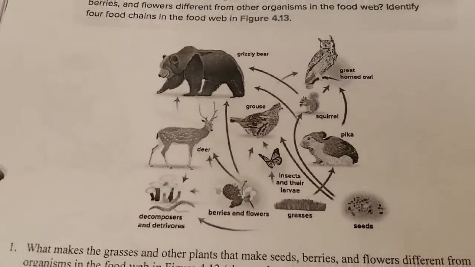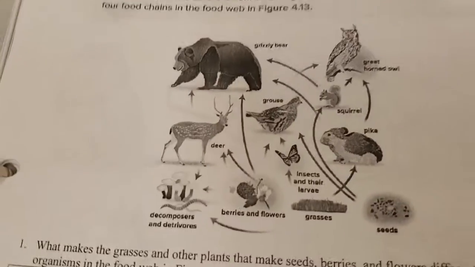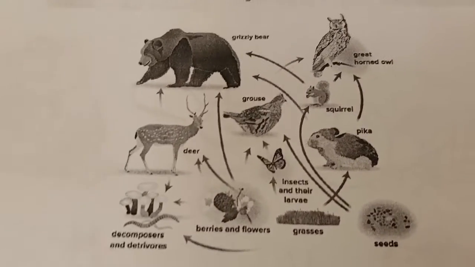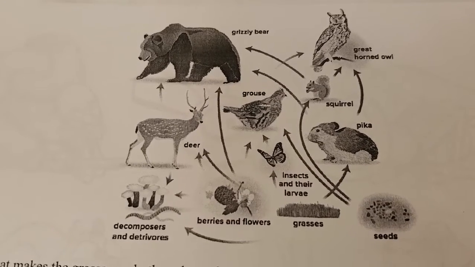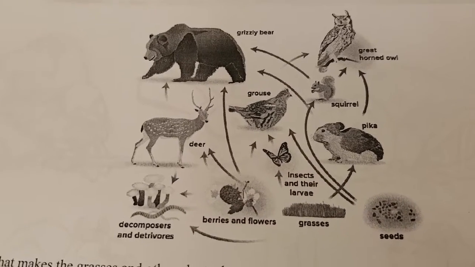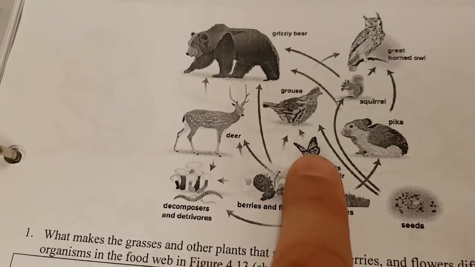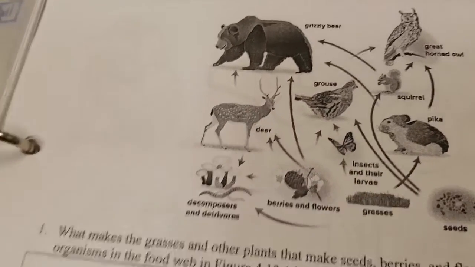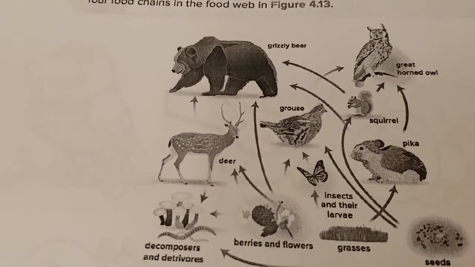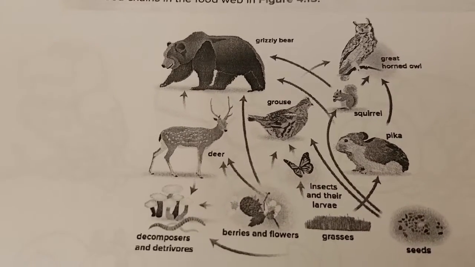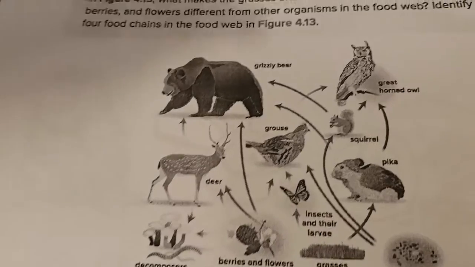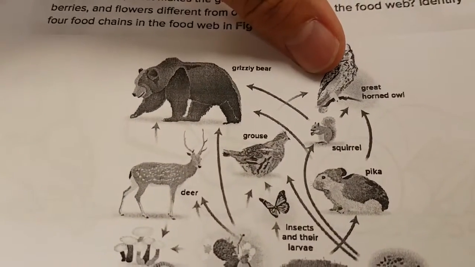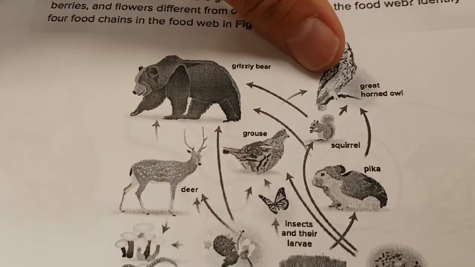Okay, so if I was to ask about a typical food web here, what would happen if, say, butterflies, insects and their larvae just disappeared? Well, the grouse would have less food. Maybe they would diminish, and then maybe the owls would be affected because their food supply would also diminish.